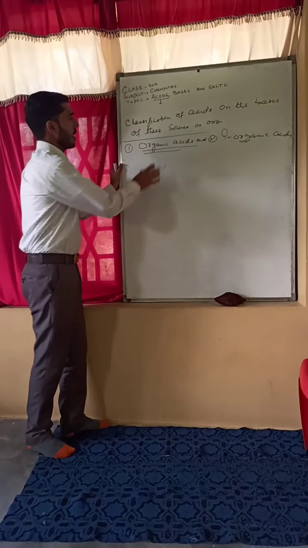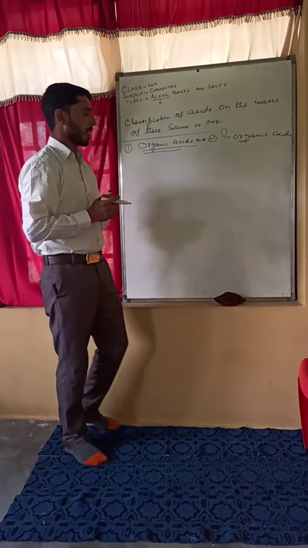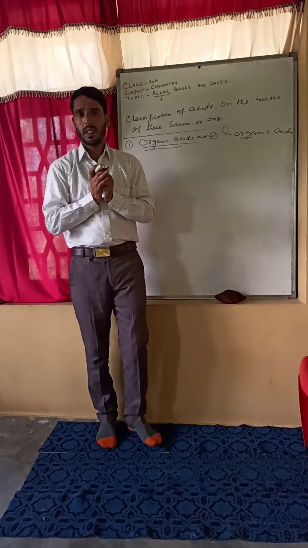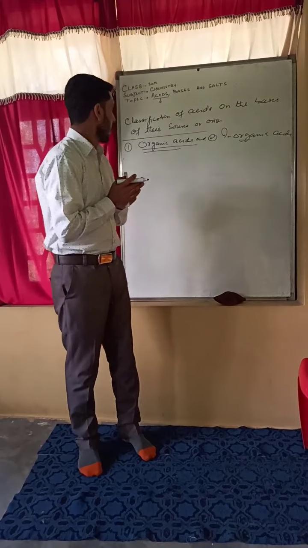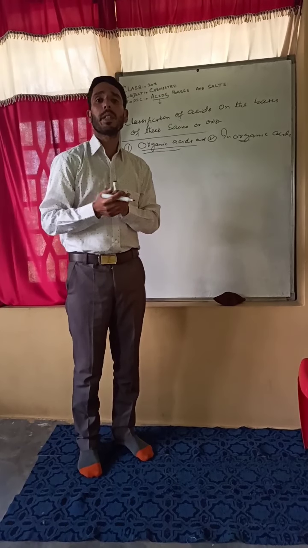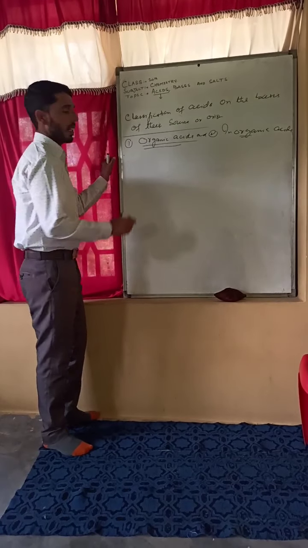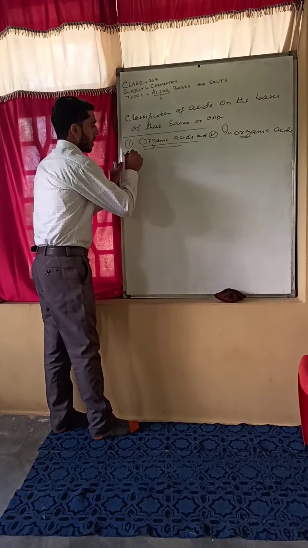Clear, my dear students? Now listen, what are organic acids? Organic acids are those acids which we get from organic materials or living things like plants and animals. You write down its definition.